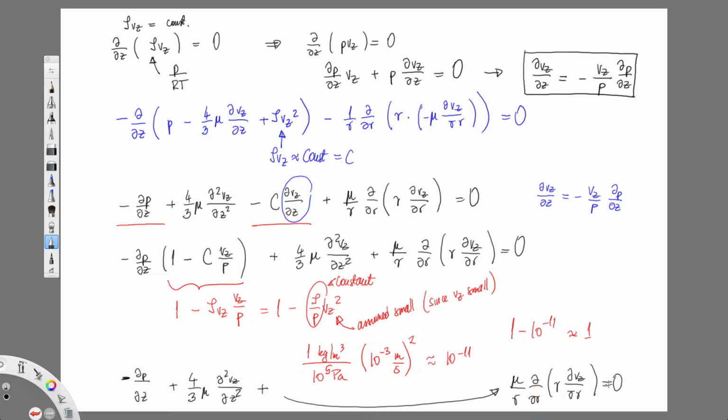Cool, I'll take that. I'm desperate here to make this something I can solve. So I'm thinking dvz dz is relatively constant, or doesn't change wildly, so I can actually ignore this part. Okay, let's do that.